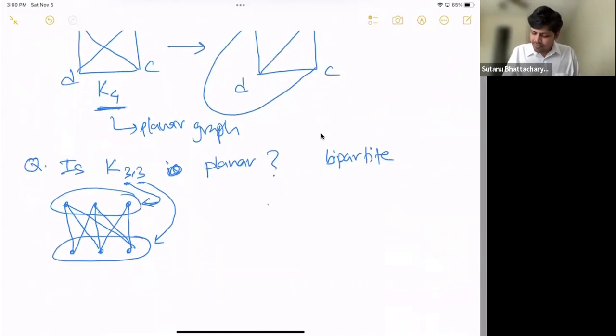So let's see whether we can draw it without any edge crossing. Let's draw it. Okay, there is no edge crossing so far.